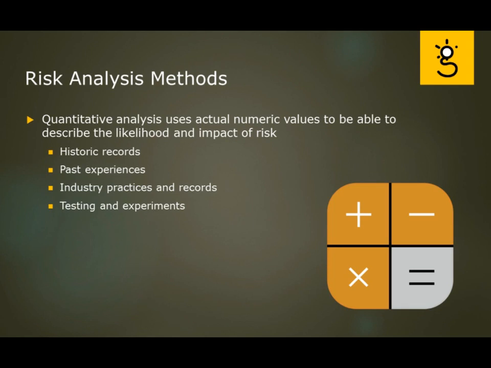Historically, we can say how often these things have occurred, and they give us hard information, not subjective information of what this person thinks and what that person thinks, and we can use that, sometimes even, to do a cost-benefit analysis of some of the safeguards and controls that we want to use.